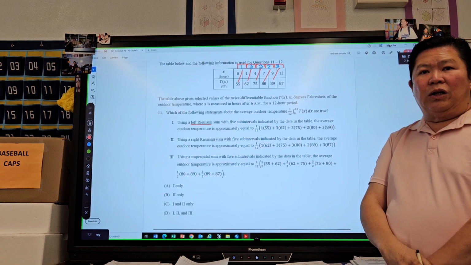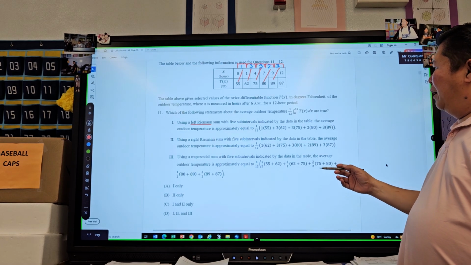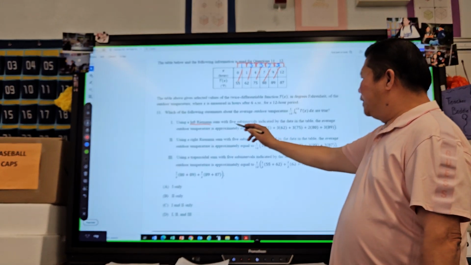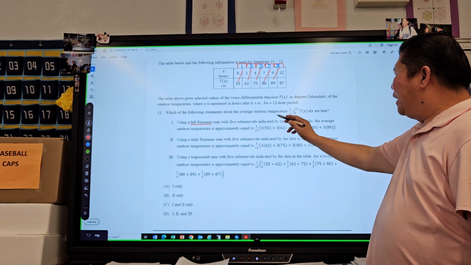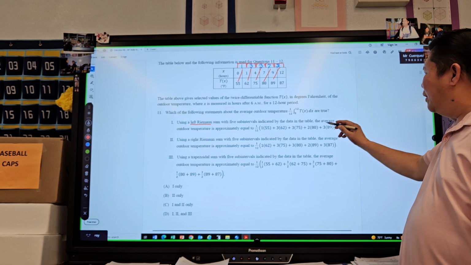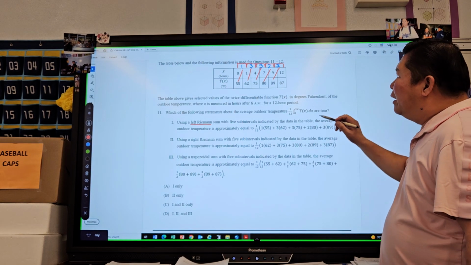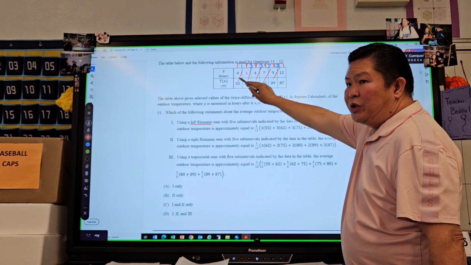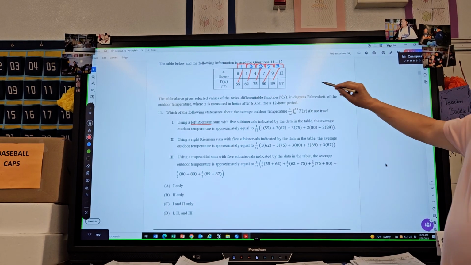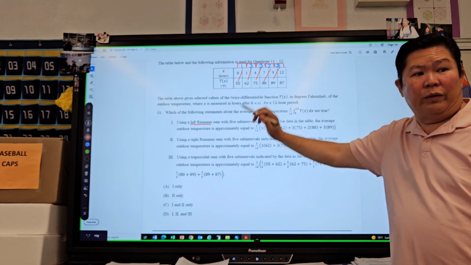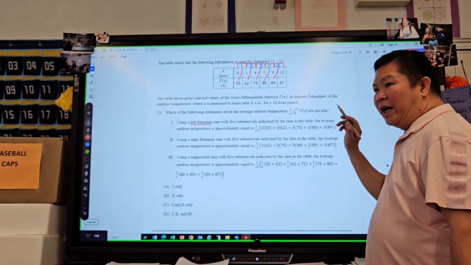Okay. So, this is gonna be, it says, using a left Riemann sum with 5 subintervals, indicate the data in the table, the average outdoor temperature. Now, temperature starts from 0 up to 12, right? 12 hours. So that means average.